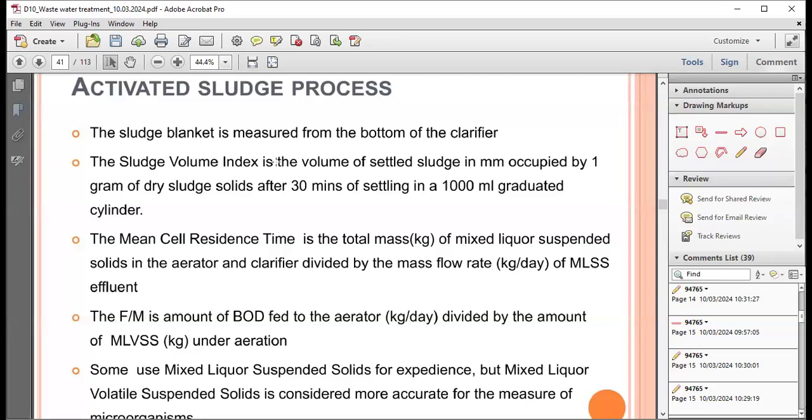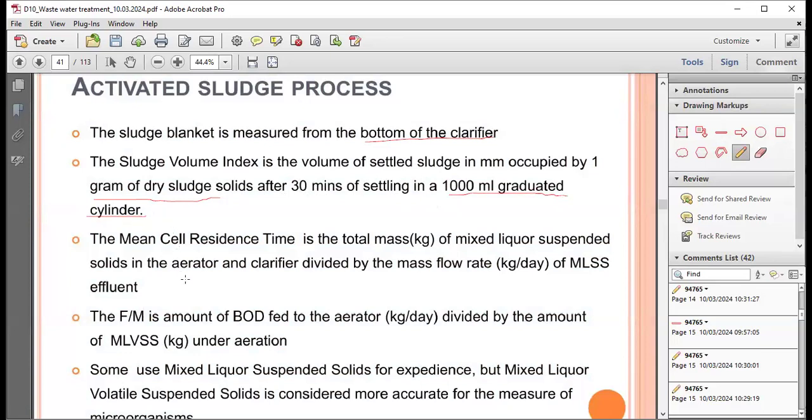The sludge blanket is measured from the bottom of the clarifier. The sludge volume index is the volume of settled sludge in milliliters occupied by 1 gram of dry sludge after 30 minutes of settling in a 1,000 milliliter graduated cylinder.